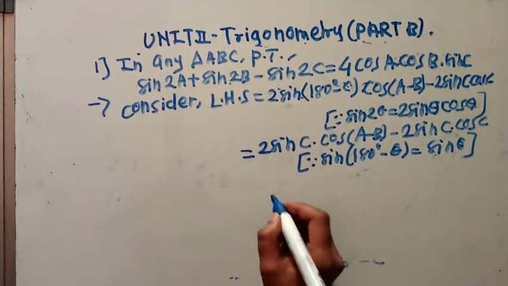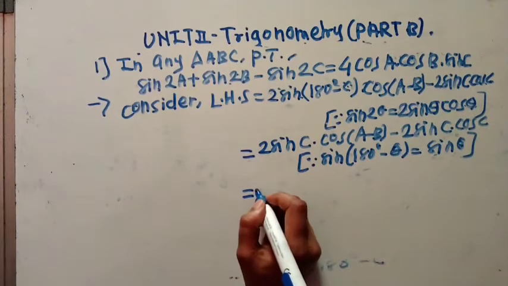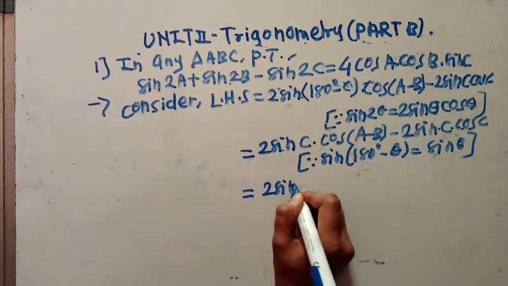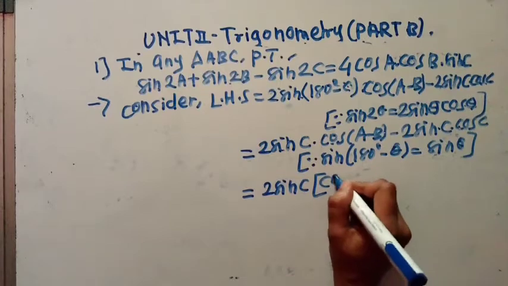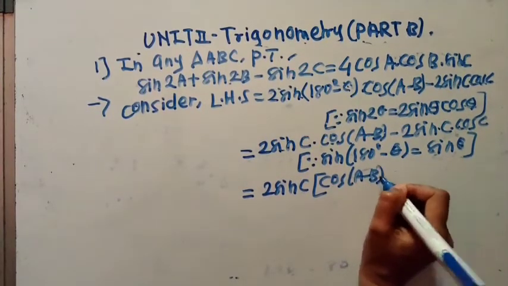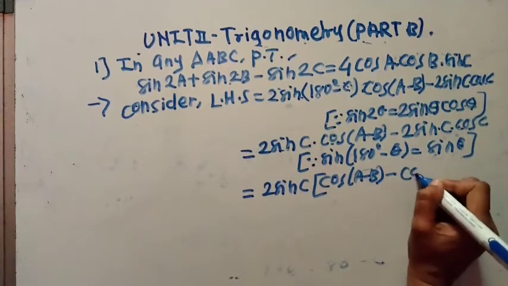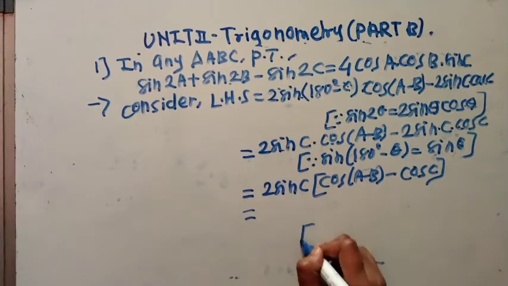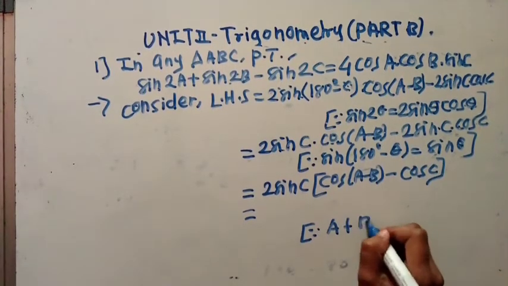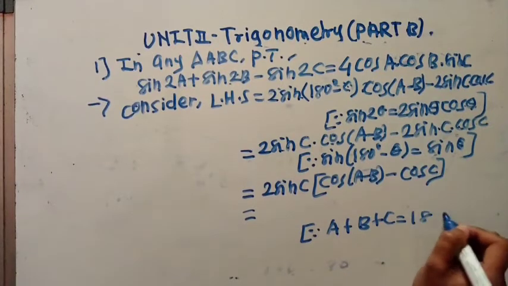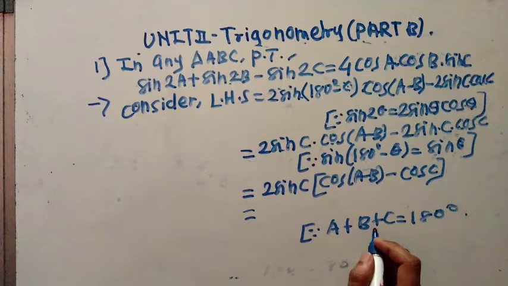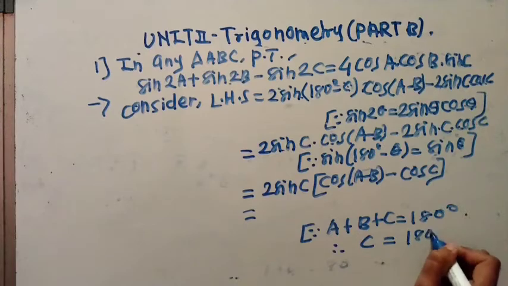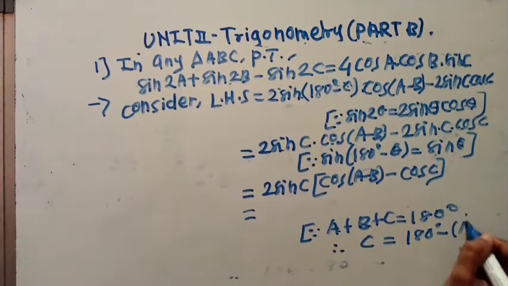Hence here we common 2 sin C, so in bracket cos (A minus B) minus cos C. But here since A plus B plus C is equal to 180 degree, hence C is equal to 180 minus (A plus B).